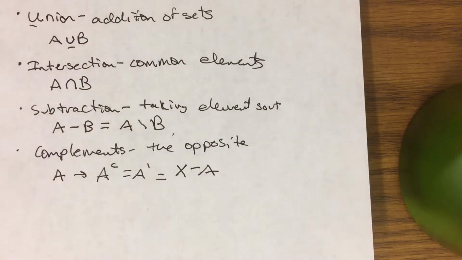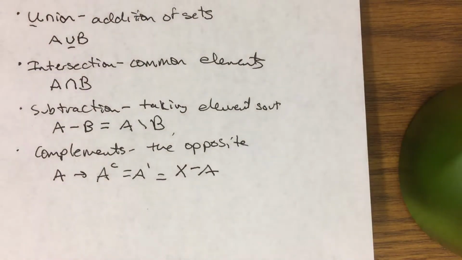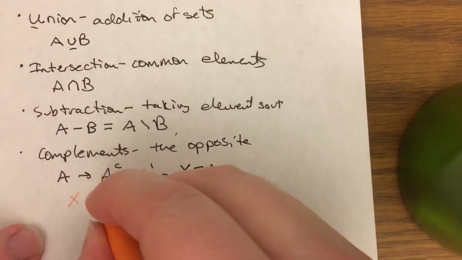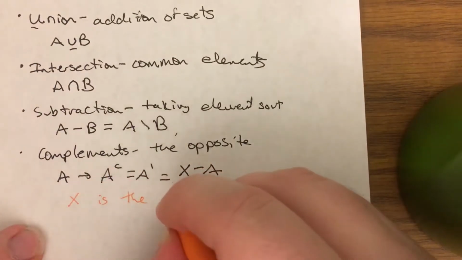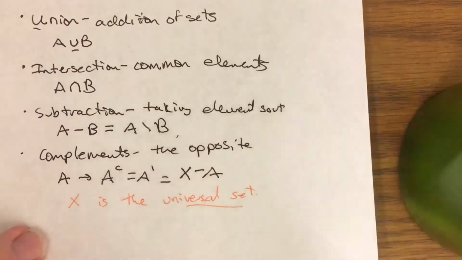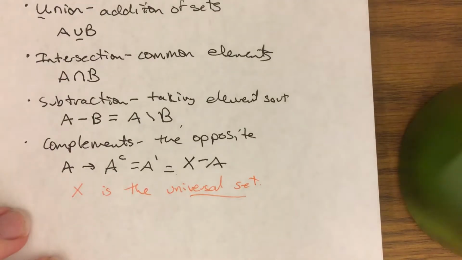Well, what the heck is X, right? We don't know. Well, X is defined as everything, so essentially the universal set. X is the universal set.